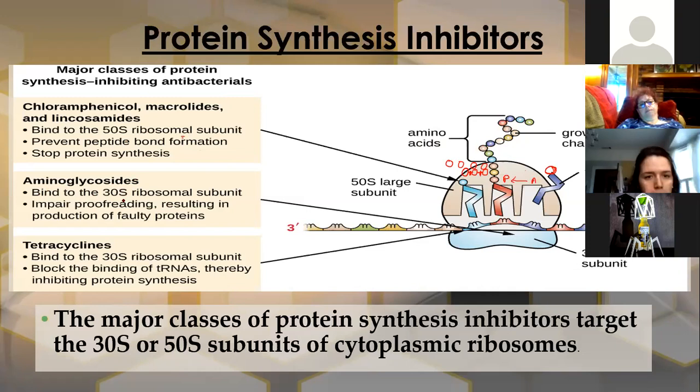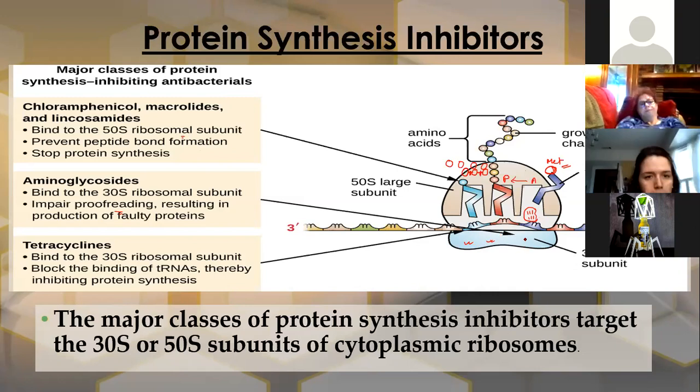So that's how they stop protein synthesis. Aminoglycosides bind to the 30S ribosome, the small subunit of the ribosome, and impair proofreading. The small subunit helps to proofread, so the codon and anticodon combination should match exactly, for example with the methionine amino acid.